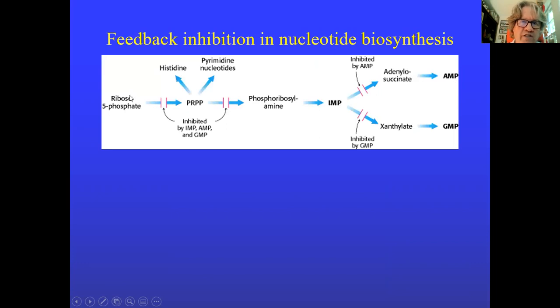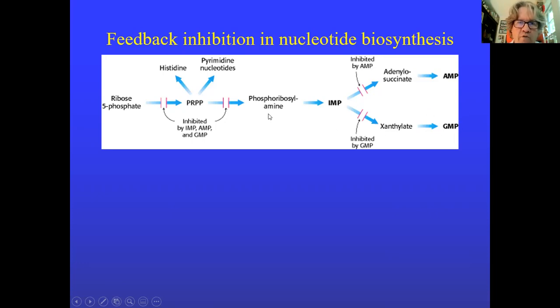Well, to synthesize this, you need to go through many intermediates. You start with ribose 5-phosphate and you make this thing called PRPP, and then that gets made into this. Then there's a branch point, and one branch goes to AMP and the other goes to GMP. Each of these is inhibited by feedback inhibition by products of this reaction.